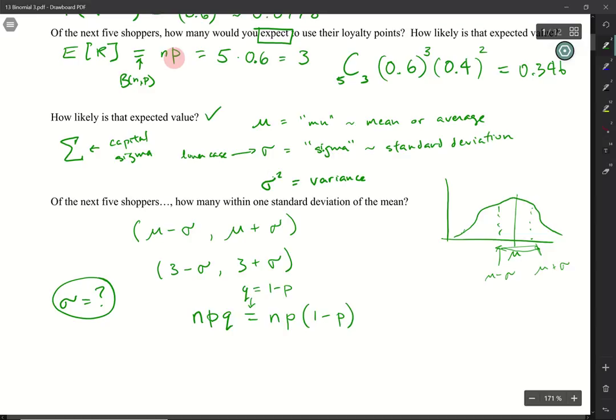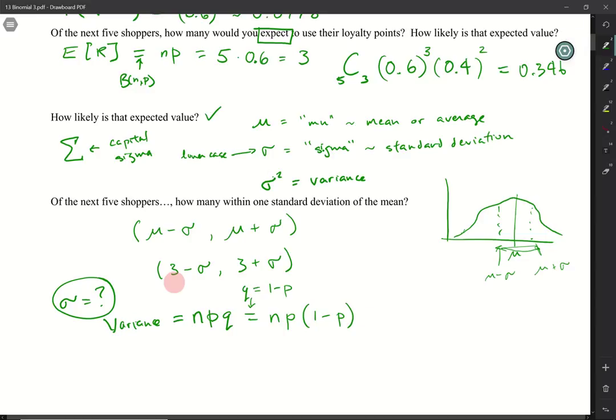Right? So if you can remember, you sort of do have to remember a few tricks, right? So it's good to remember the expected value, the mean of a binomial is NP. So then the next one up, variance equals NPQ, right?